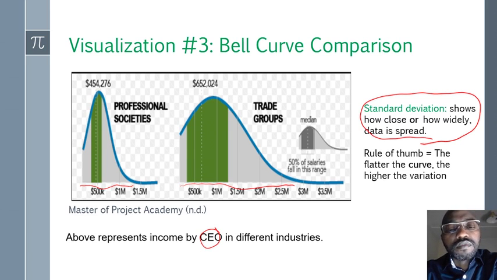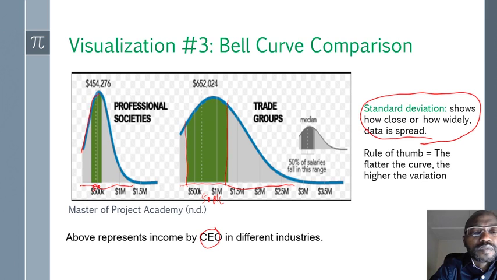But if you go to the other bell curve, which is a bit broader and is looking at trade groups, what we're seeing is that in this scenario, CEOs make between just under $500,000 and above $1 million, which is a wider range, simply saying that 1 million minus 500k means there is a 500k range in here, whereas here you have probably a 50k range, which is why this is a very steep curve when compared to this, which is a broader curve.